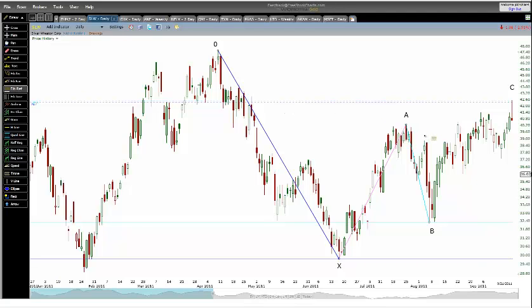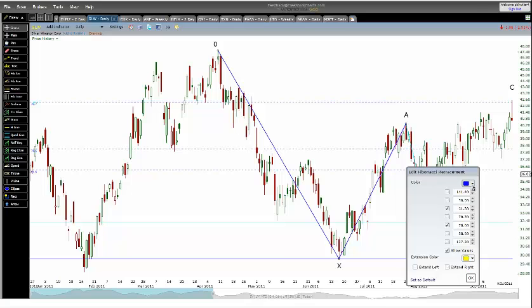And in order to measure that, we're going to get our Fibonacci retracement tool, and we're going to draw from high to low the A to X move. And I'm going to change the color of that so we can see it better.